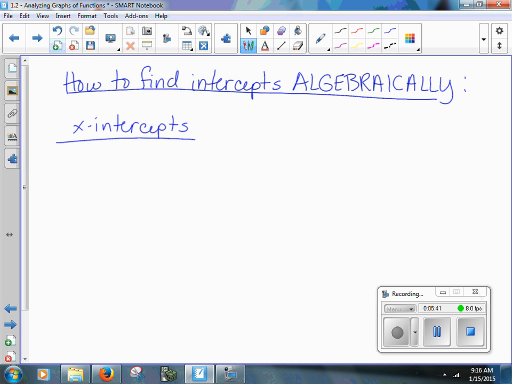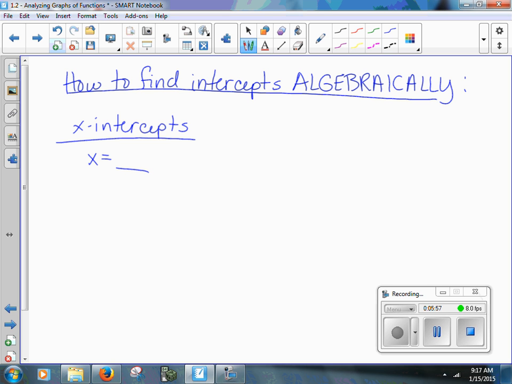How to find the x-intercepts algebraically. When I find x-intercepts, I want to end up with x equals something.